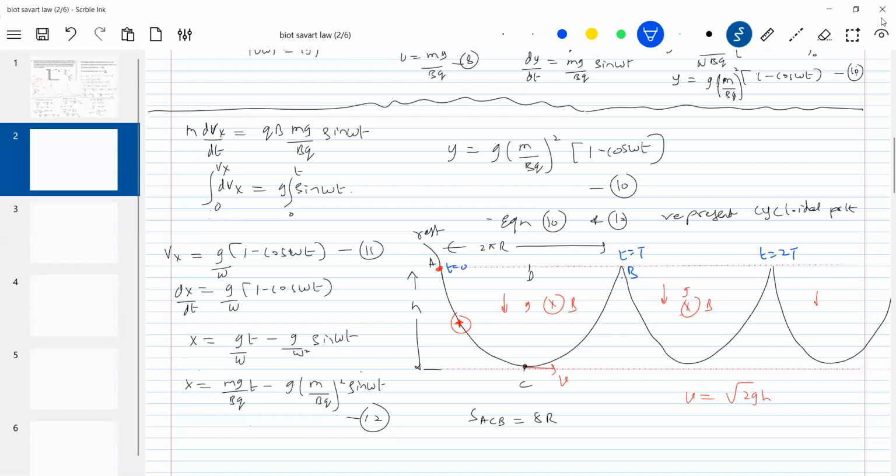So how much time will it be, from symmetry? Here, t equal to T by 2. So what is the time period again? Time period is independent of speed and all other quantities, no? So 2 pi by omega, 2 pi m by BQ. So what is the time taken to move from A to C?